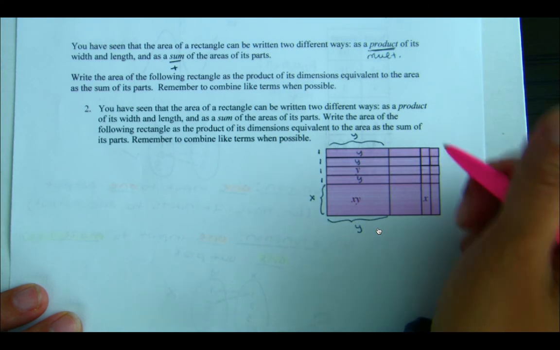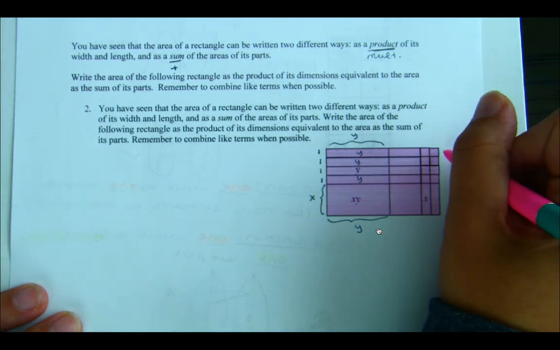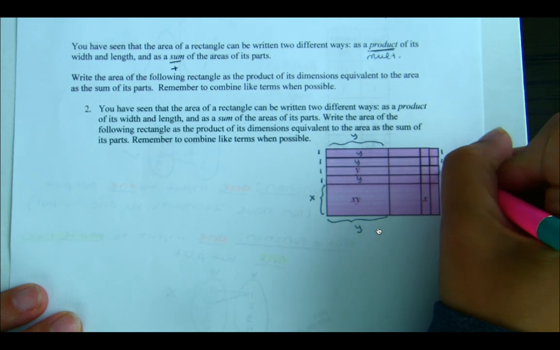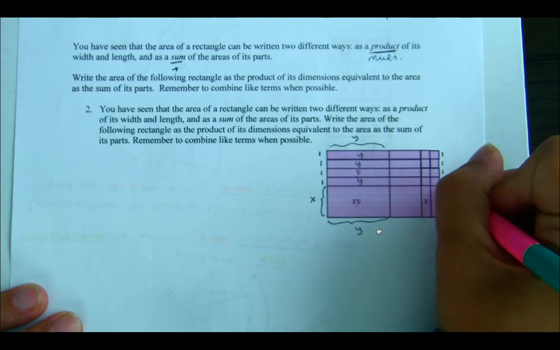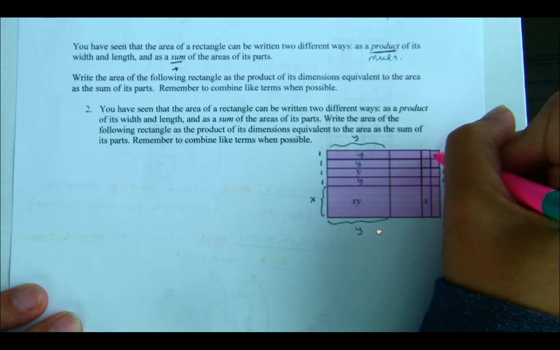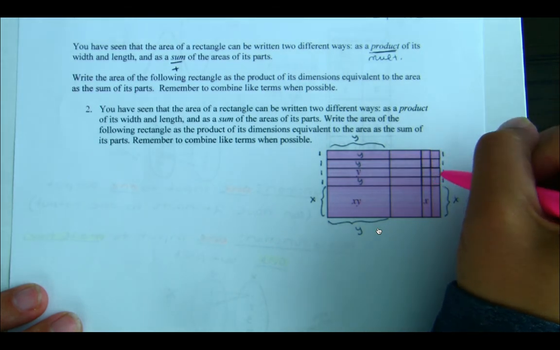Now if I go to the other side, we should have it mimicked. So you should see here that this should also be 1 over here. And this right here should be X. If I'm going to fill in the rest of these, it might seem a little tricky, but it's not too bad.